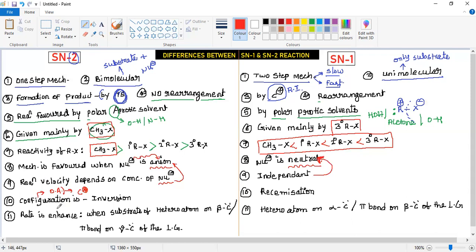So what type of configuration is possible in SN2? It is a one step mechanism, so inversion మాత్రమే ఉంటుంది. That means inversion అంటే ఏంటి?